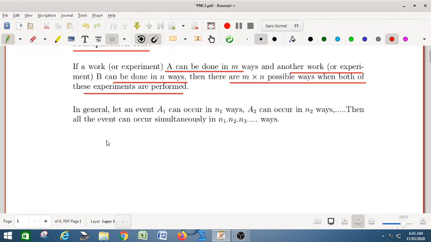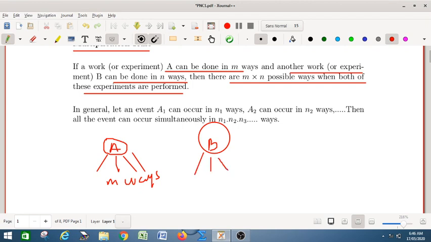So you see, an experiment or work has to be done in M ways. So there are M ways, suppose, and then work B or job has to be done in N ways.